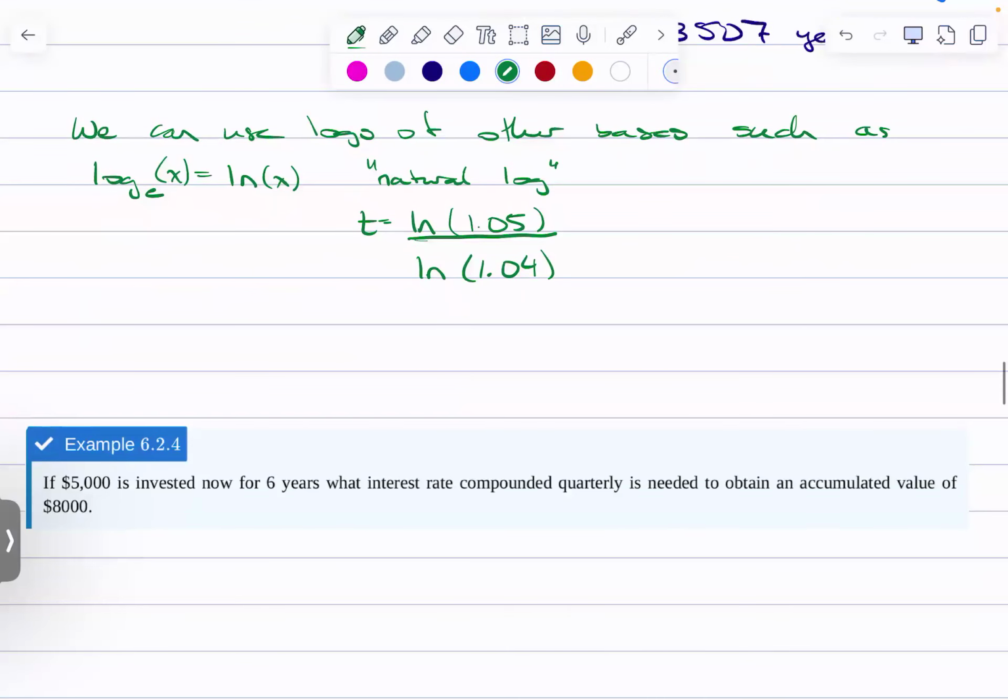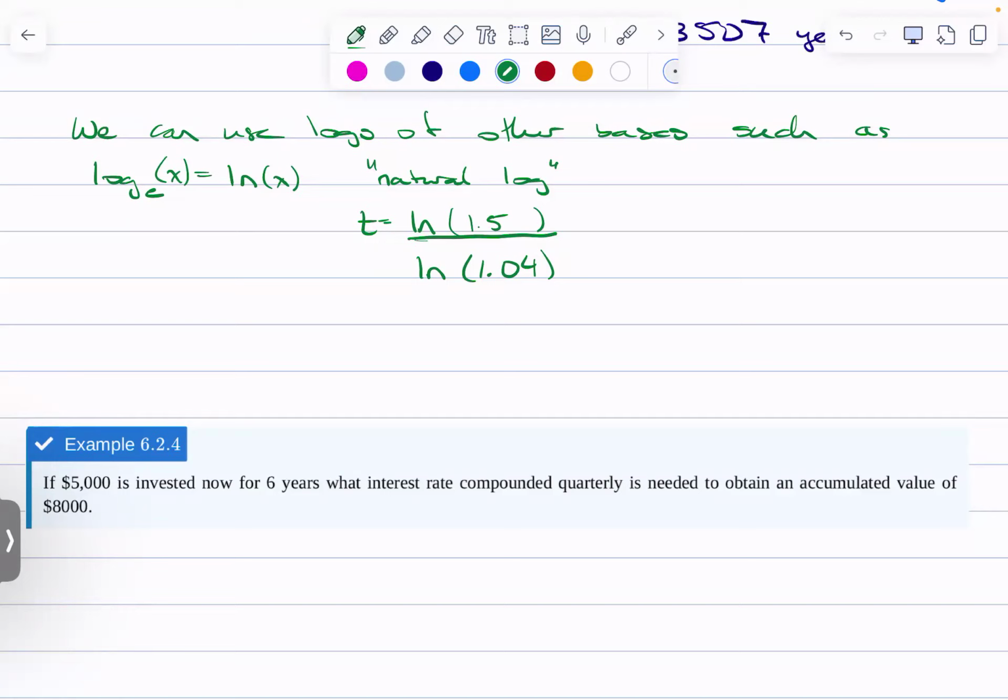Oh, 1.5, not 1.05. I would have gotten a different answer. Wouldn't that have been confusing? So let's try that. You have a log button, you have an ln button. That's just the way it goes.